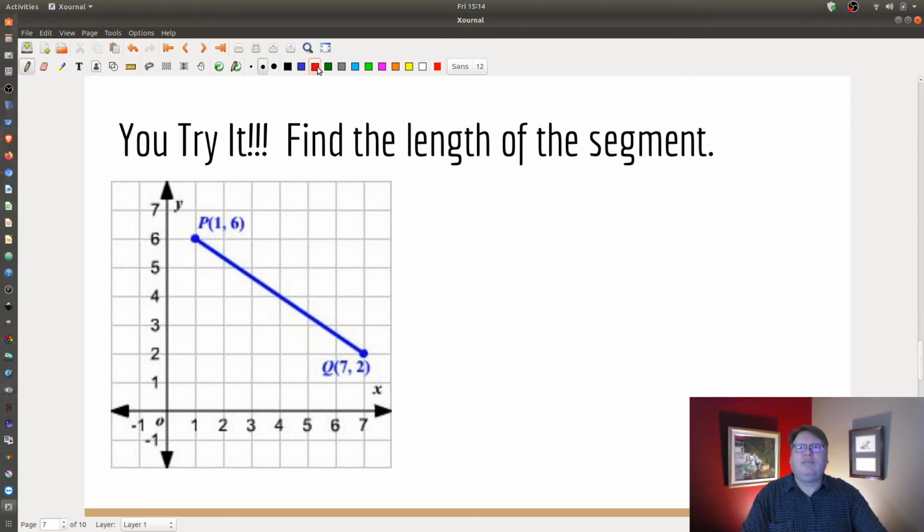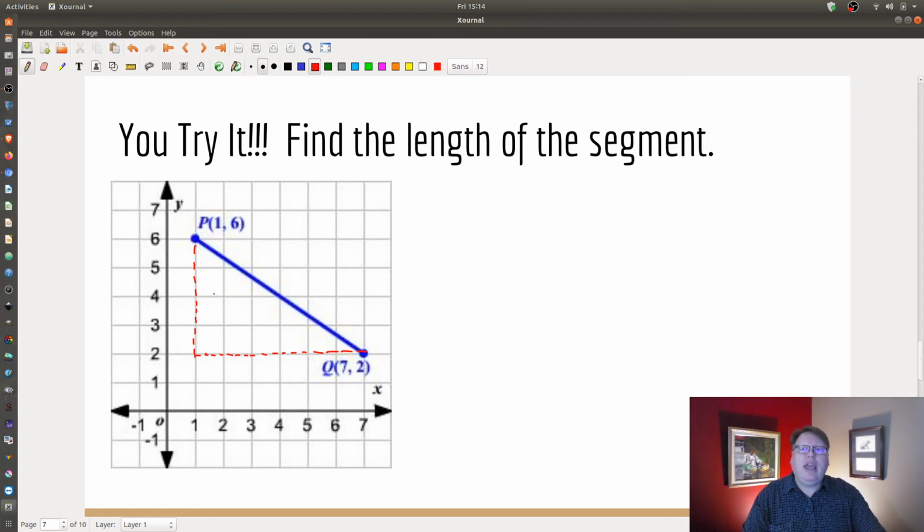All right, welcome back, guys. I hope you did well on this problem. Let's see how you did. Again, we're in the coordinate plane, so I could very easily draw my right triangle. If you couldn't draw this on your screen, I hope you use your imagination and imagine that triangle there.